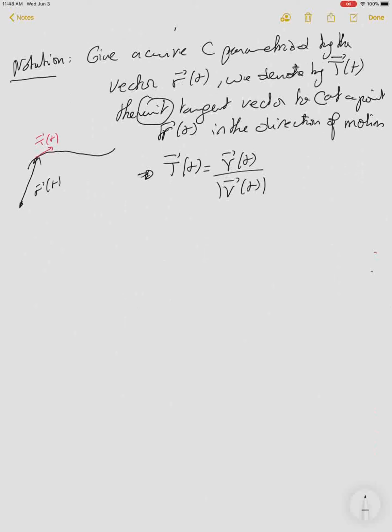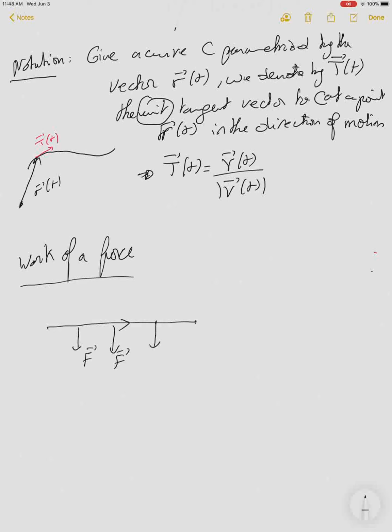So let's now try to define the work of a force. Let's say I have a motion like this, and I have a vertical force at each point, going from A to B. What will be the work of F, which means how much is F contributing to the motion?